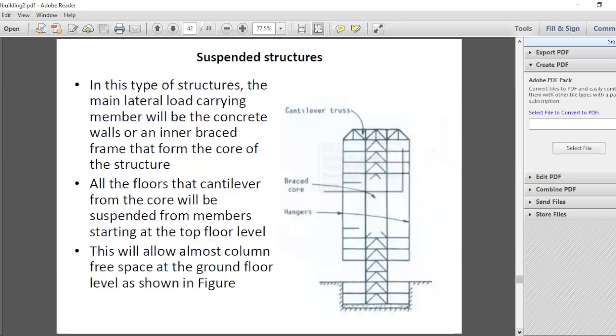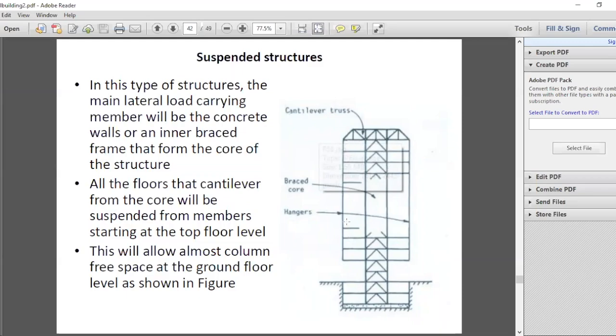Then you can also have other variations like suspended structures and so on. Those are special variations where there will be a large truss at the top of the building supported by the core, and then all these floors are suspended from this truss.